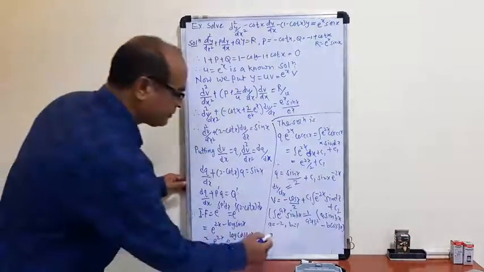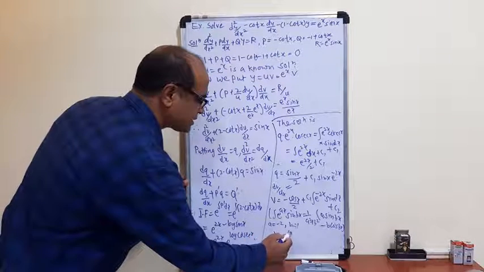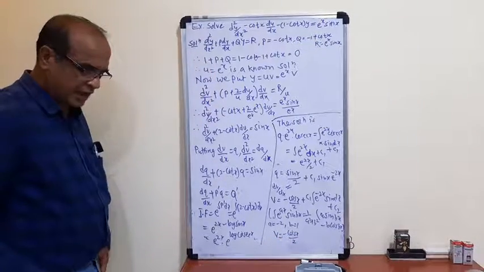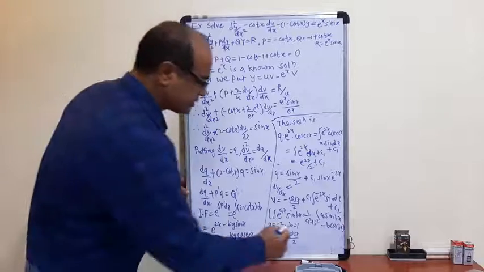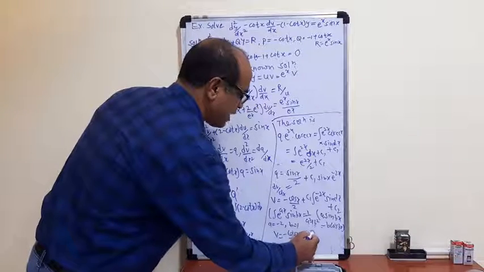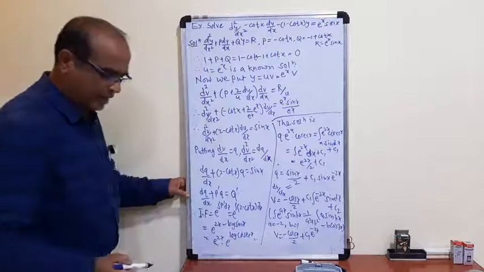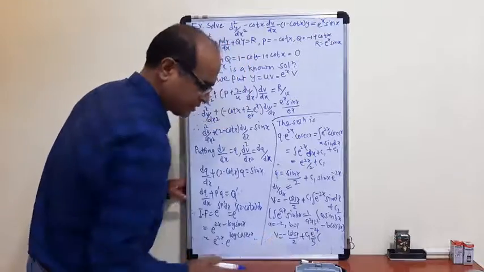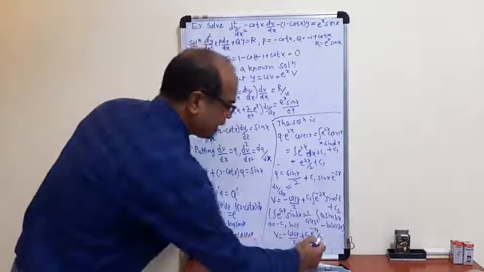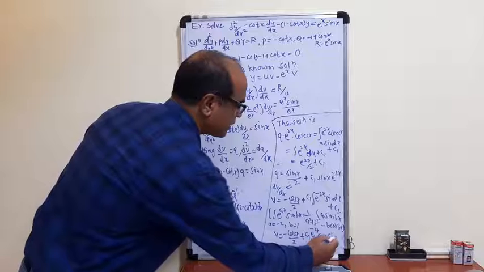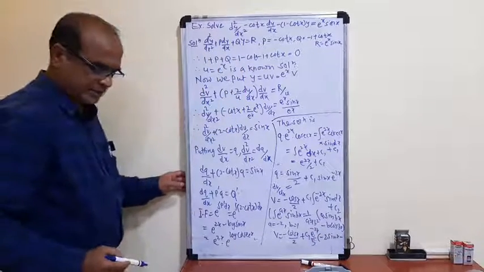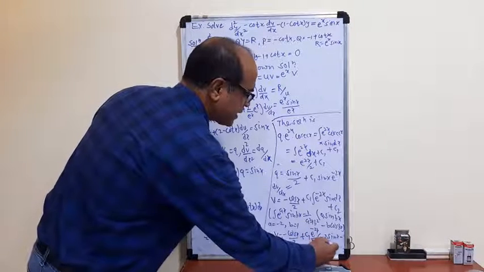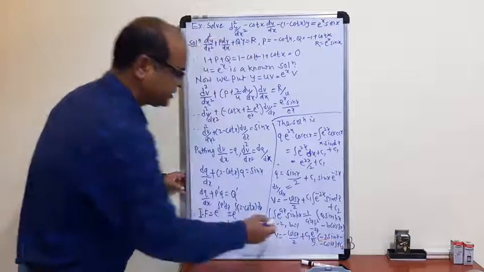So v is equal to minus cos x divided by 2 plus c1 e raised to minus 2x divided by 5 into bracket minus 2 sin x minus cos x, plus the integrating constant c2. So this is the v here.